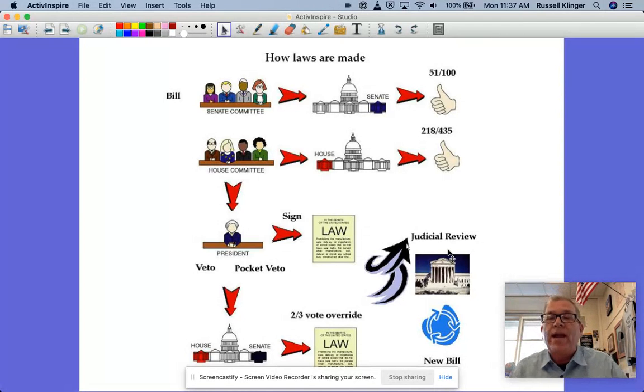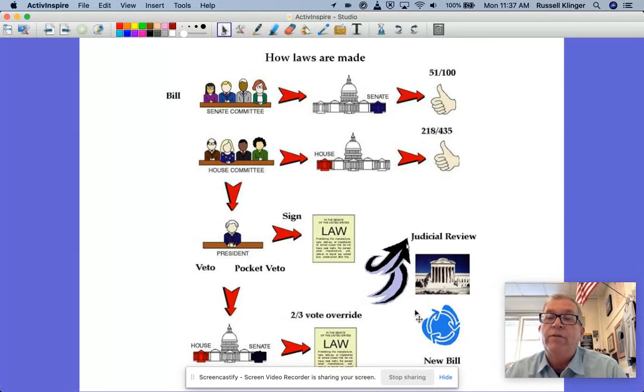So the judicial branch has to affirm that the law is good, essentially, and that it doesn't violate any other laws. Now, let's be honest about this. Most of the time, these bills that go before the House and the Senate and before they reach the president, they've had a lot of lawyers look at the language of the bill to make sure that it doesn't violate any other law because they don't want it to be rejected, right?